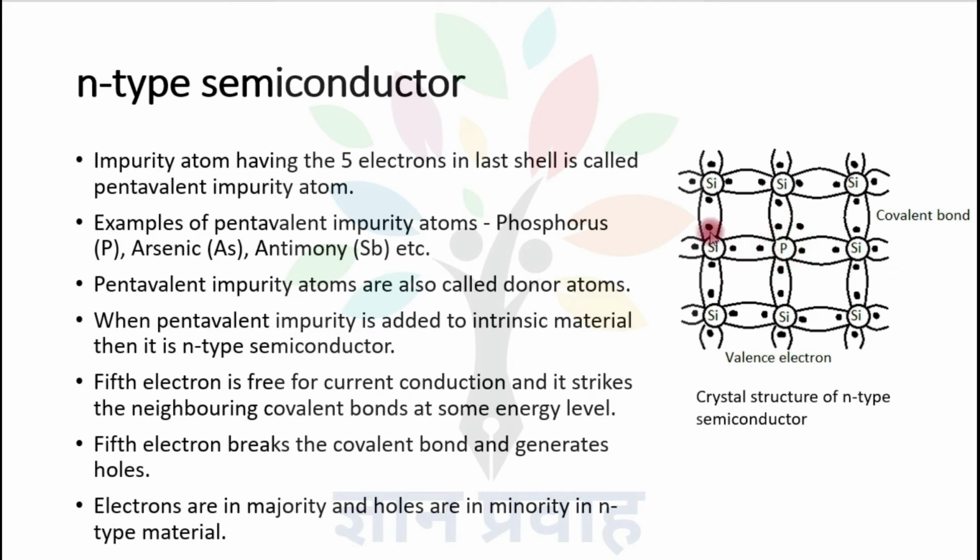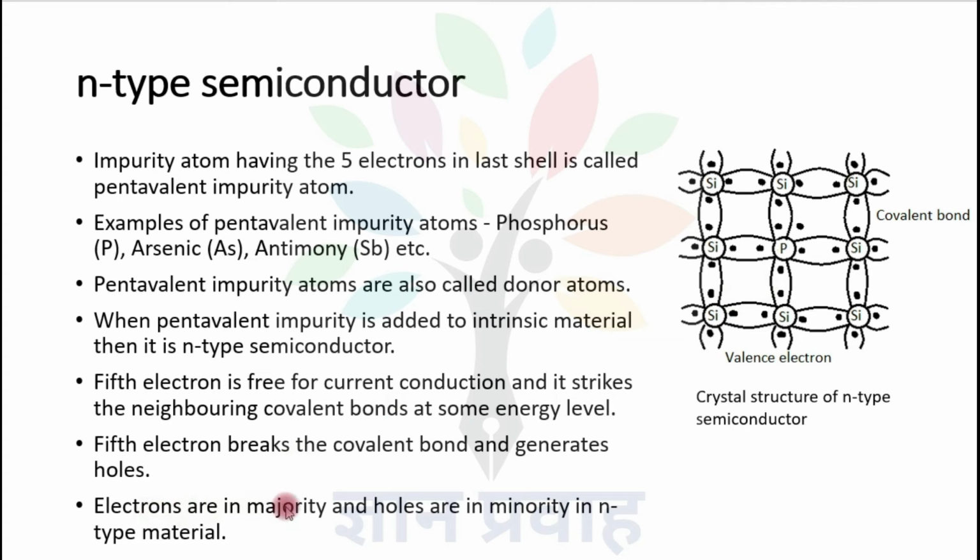So 4 electrons are making covalent bonds while the 5th electron is free to move in this crystal structure. There are a number of phosphorus atoms in a crystal structure. It means a number of charge carriers, and these charge carriers are the electrons. So electrons are increasing in large quantity in case of N-type semiconductor material.